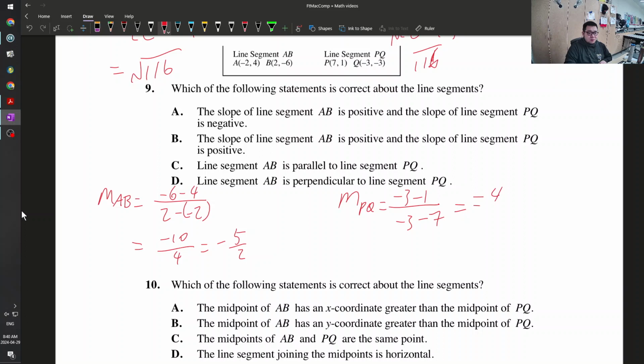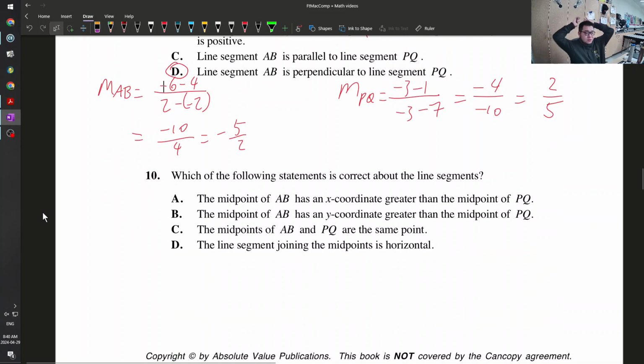That's negative 4 over negative 10, which is equal to 2 over 5. So the slope of line segment AB is negative, not positive, so that statement is wrong. These two slopes are negative reciprocals of each other. That means these two lines are perpendicular. So 9 is D.